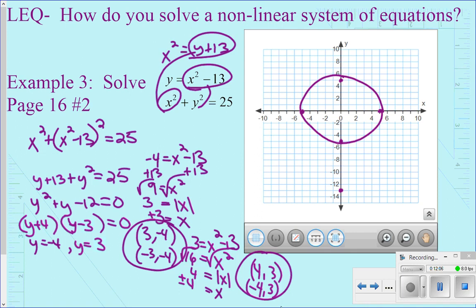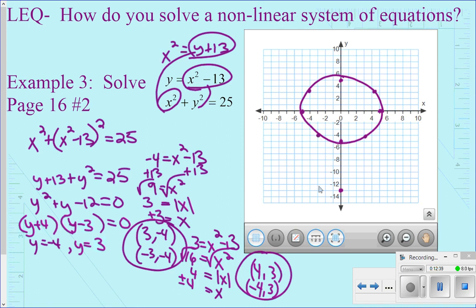Now, I could get the x-intercepts, but I'm just going to plot these points and hopefully see that they're on the circle. And then I'll just draw the parabola through the vertex and those 4 points. So 4, 3 is right here. -4, 3 is right there. 3, -4 is right there. And -3, -4 is right there.